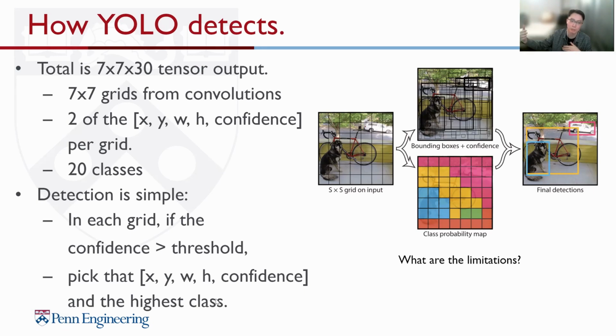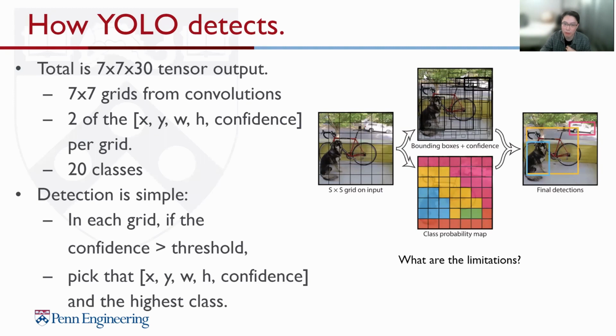So there are 20 class proposals. We just pick whichever has the highest value in those 20 class proposals. As you can see in this diagram, there are a lot of bounding boxes.